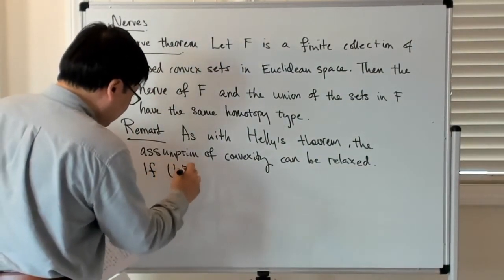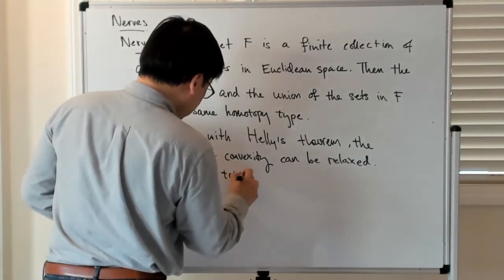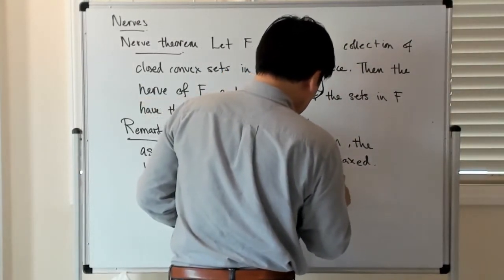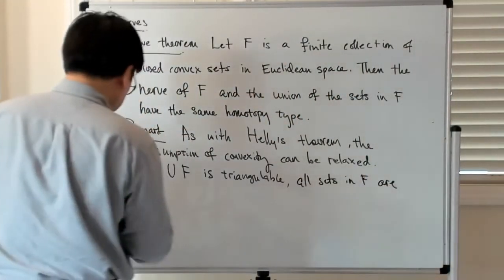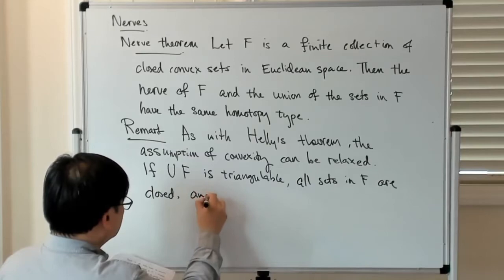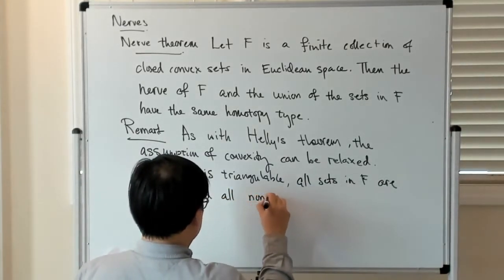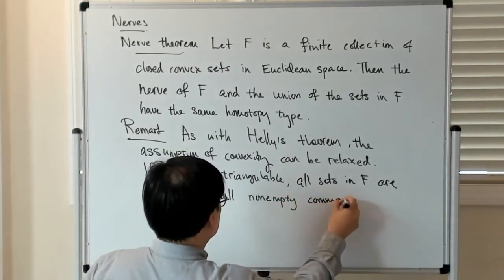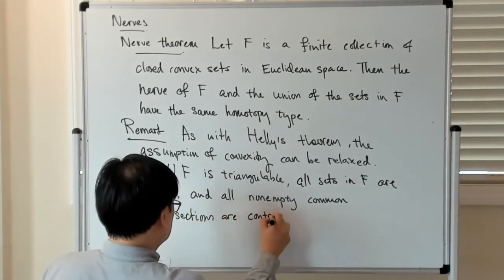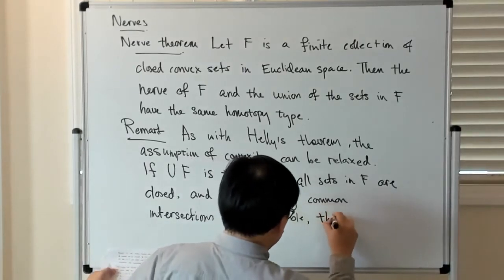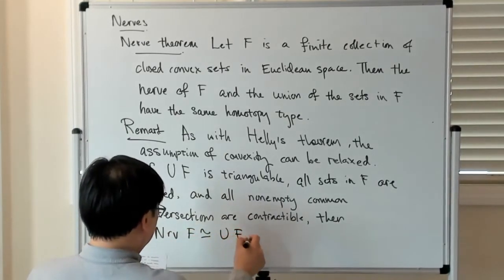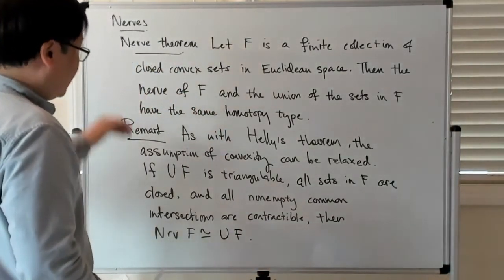If the union of the sets in F is triangulable, and all the sets in F are closed, and all the non-empty common intersections are contractible, then the nerve of F is homotopy equivalent to the union of F. So that provides the relaxation which we want.